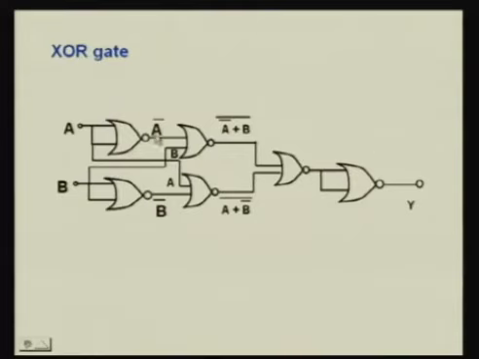So we have to take A bar and B bar, and apply A bar B and A B bar on the third and fourth NOR gates, and after that we will be getting A bar plus B complement and A plus B bar complement. If we again use these two as the inputs of a NOR gate, we will be getting the output as the complement of the whole sum, and then if we complement it again, we will be getting the output of an XOR gate.